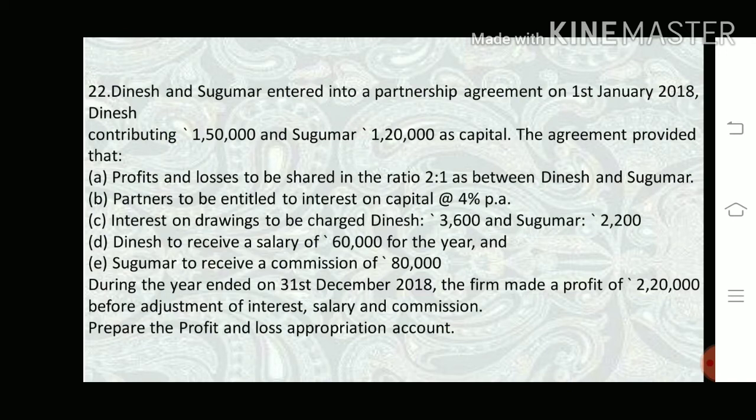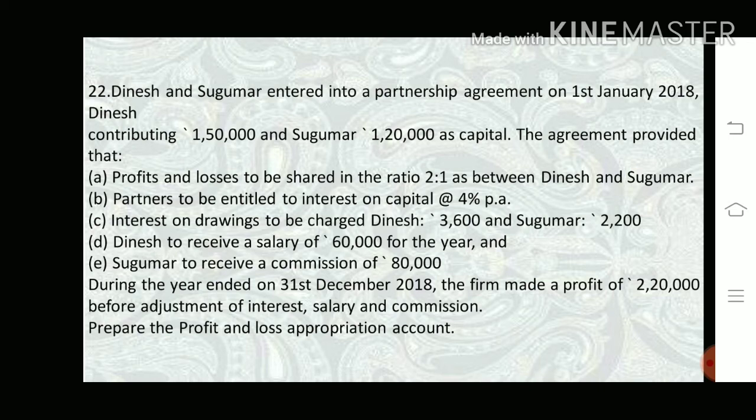Dinesh and Sukumar entered into a partnership agreement on 1st January 2018. Dinesh contributing 1,50,000 and Sukumar contributing rupees 1,20,000 as capital. The agreement provided that profits and losses to be shared in the ratio 2:1 as between Dinesh and Sukumar. Partners to be entitled to interest on capital at 4% per annum.